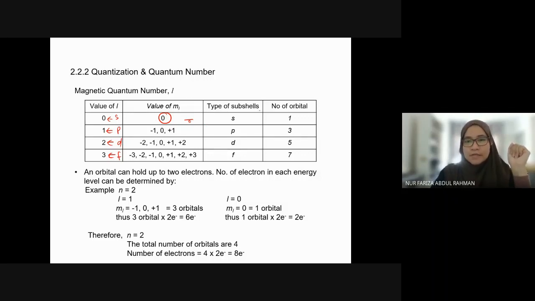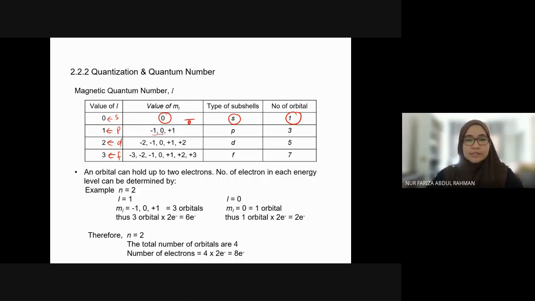So the type of subshell is S. The number of orbitals present for the S-shaped orbital is only 1. It has only one room, and the room number is 0. For P, the value of ML is -1, 0, 1.